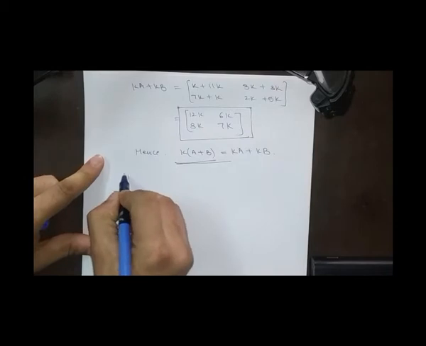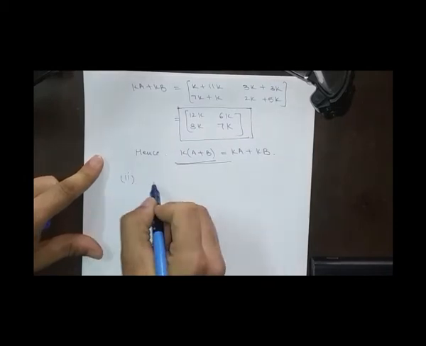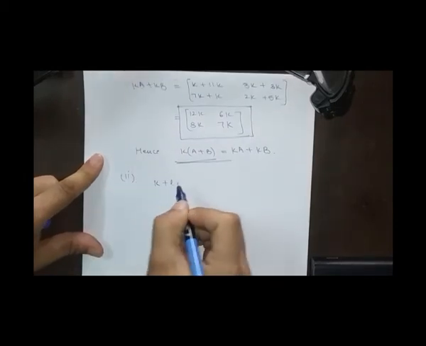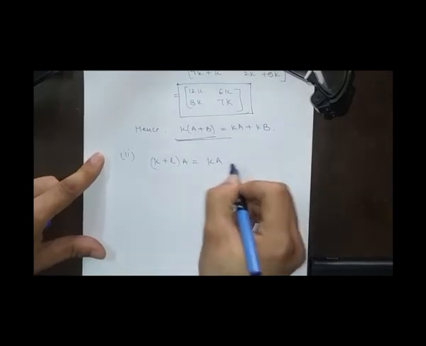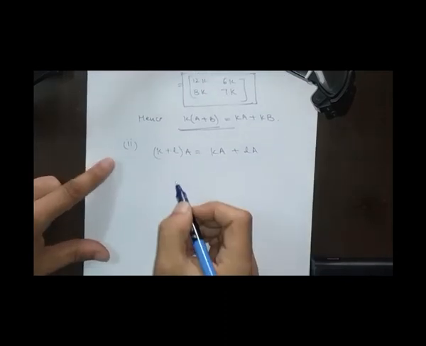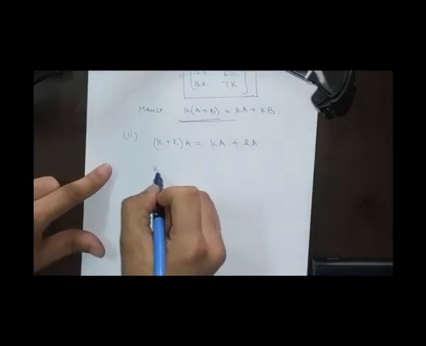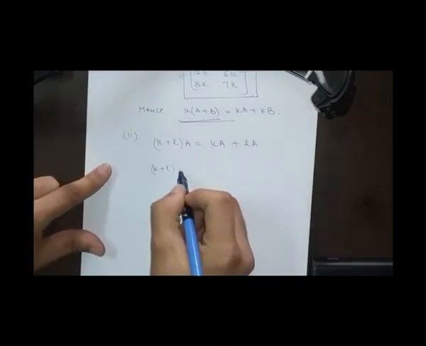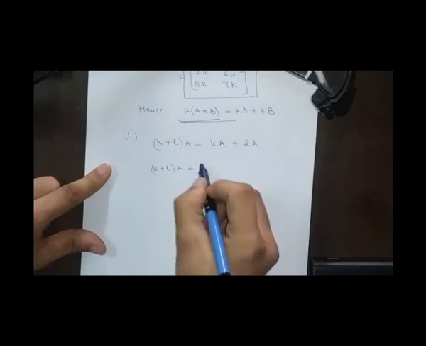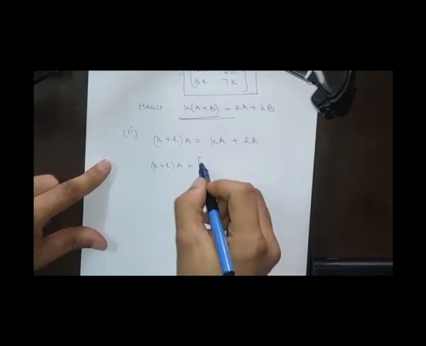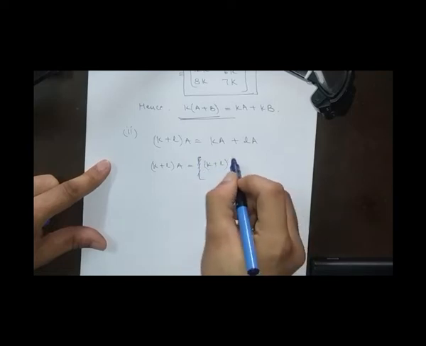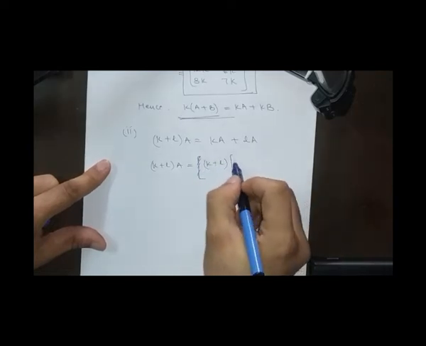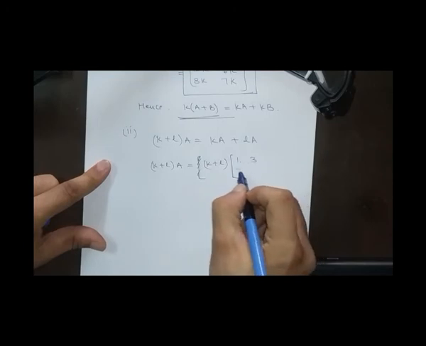Now the second part: (k plus l)A is equal to kA plus lA. We find (k plus l)A is equal to (k plus l) times the matrix A, which is 1 3 7 2.